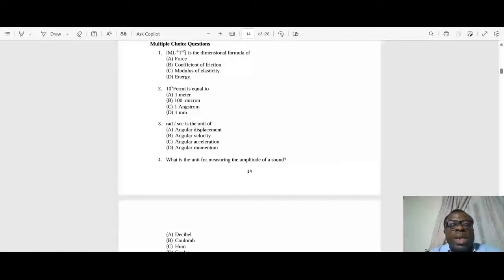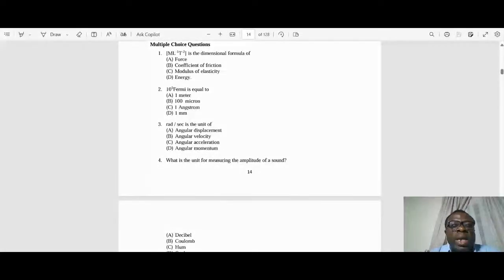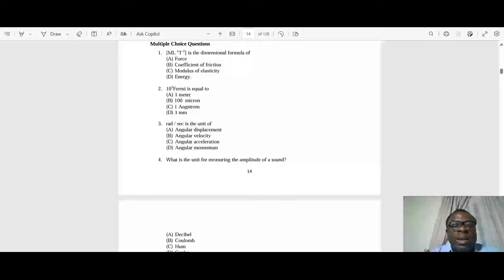Question 2: 10 raised to power 5 Fermi is equal to A, 1 meter; B, 100 microns; C, 1 Angstrom; D, 1 millimeter.